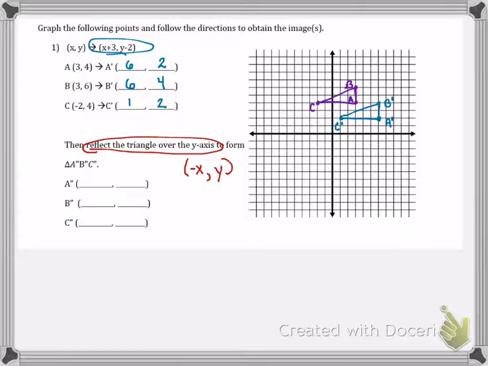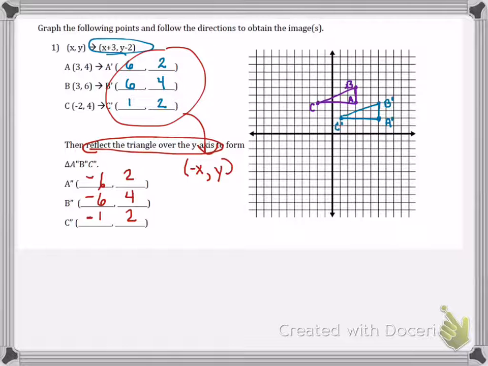So I'm going to take the image ordered pairs and apply that rule to it. My y values are going to stay the same, and my x values will become the opposite. So my 6 becomes -6, and my 1 becomes a -1.